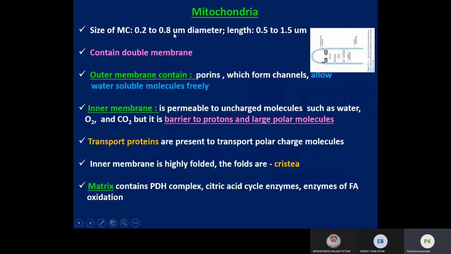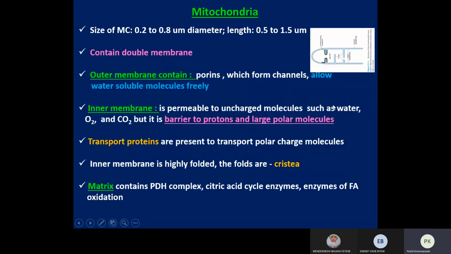So only the outer membrane is permeable, whereas the inner membrane is impermeable to large polar molecules as well as charged species. In addition, the inner membrane has many transport proteins, and these are involved in transporting many polar charged molecules as well.